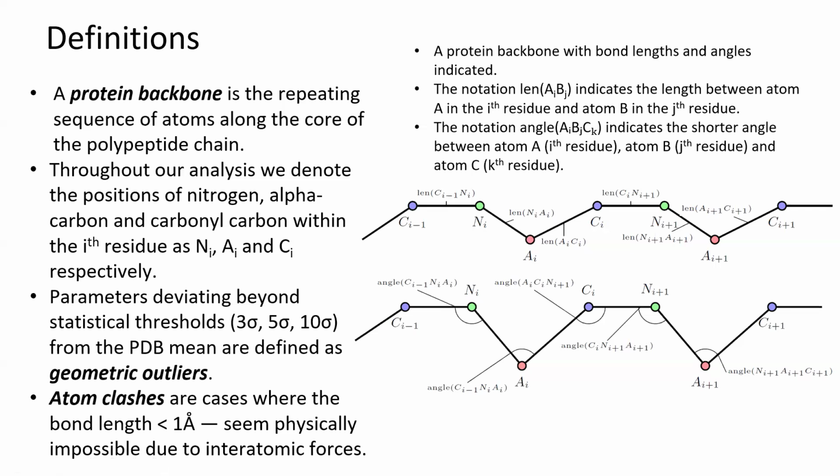We'll also talk about atom clashes, which are cases where bond lengths or distances between backbone atoms are less than 1 angstrom, which seems physically impossible due to interatomic forces and the energy it would require to put two atoms that close together.